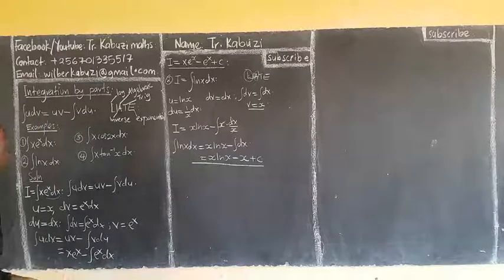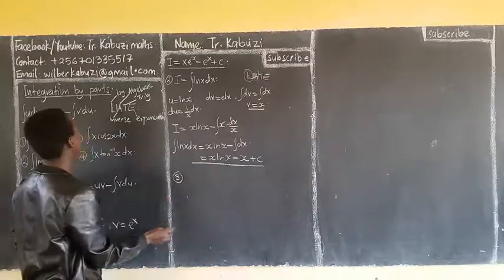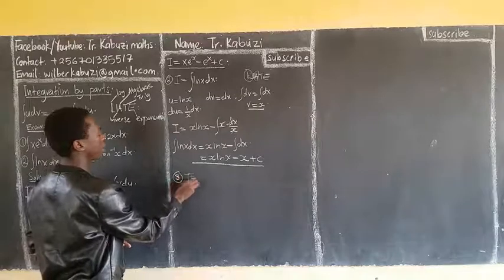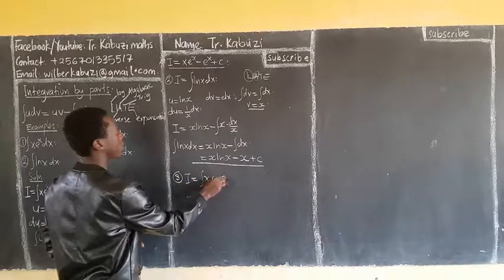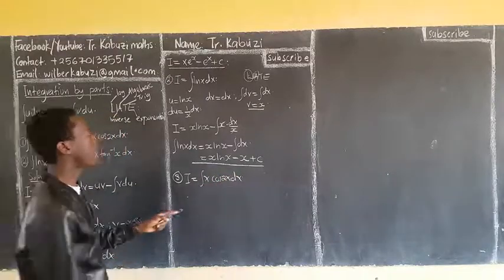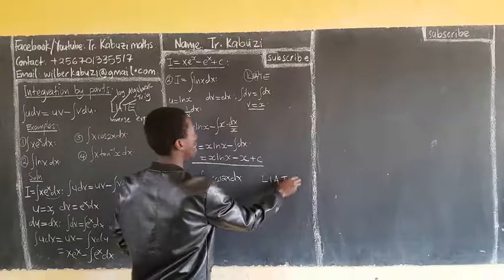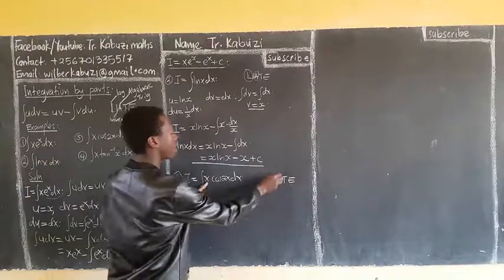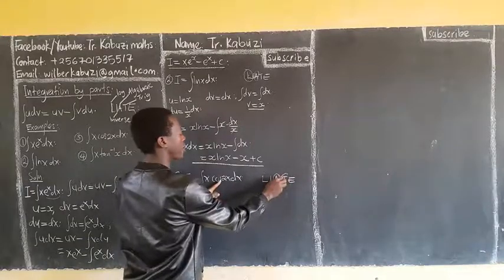That's how we can easily use it. When I come now to 3, I have my integral equaling x cos 2x dx. From here, when I use my LIATE, I have the algebraic function and I also have the trig function.